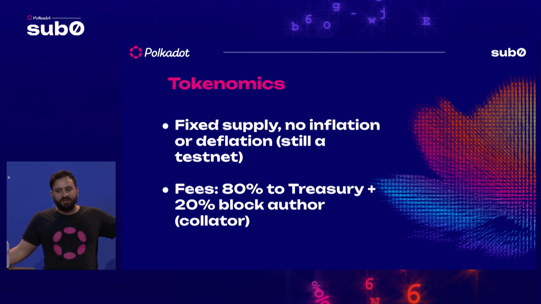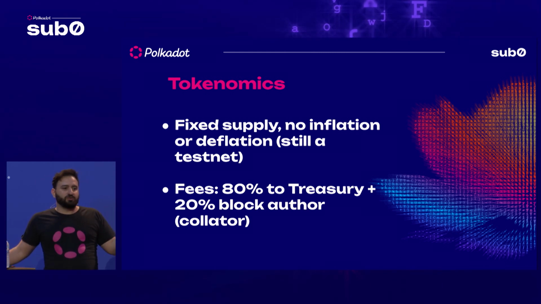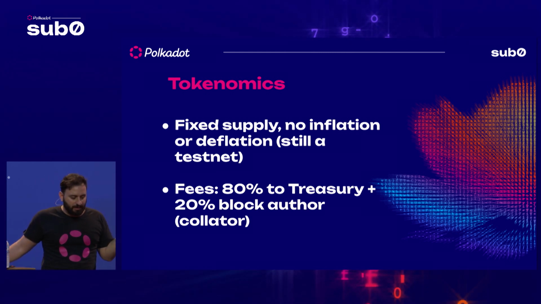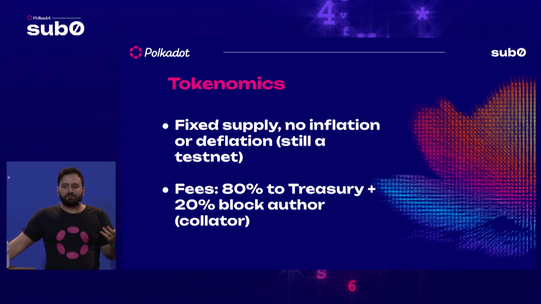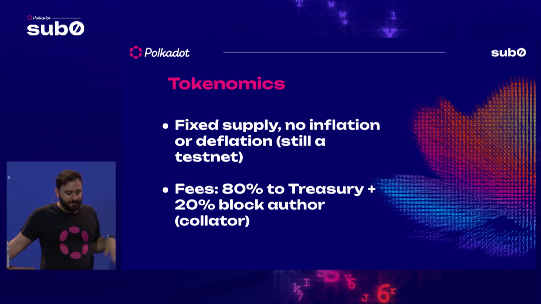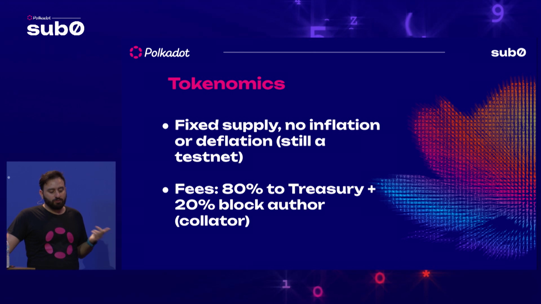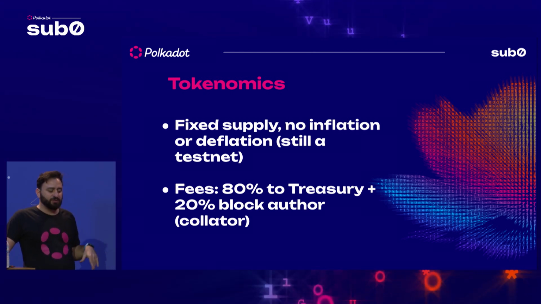We didn't think too much about this because it's still a testnet. In case we wanted to test, let's say, a complex tokenomics, we could do it, but we just made it simple, 10 million total supply. But we wanted to test something, which was 80% sent to the Trappist treasury and 20% to block authors, okay?